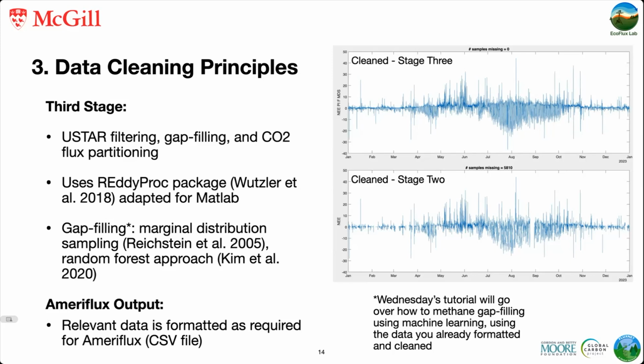And for gap filling, you have a choice of methods. So the marginal distribution sampling, which is the default. And also you can choose to use a random forest approach. Again, I'm just showing an example on the right here, with data from stage 2 on the bottom, and then gap filled using the MDS method on the top, leaving no missing samples.